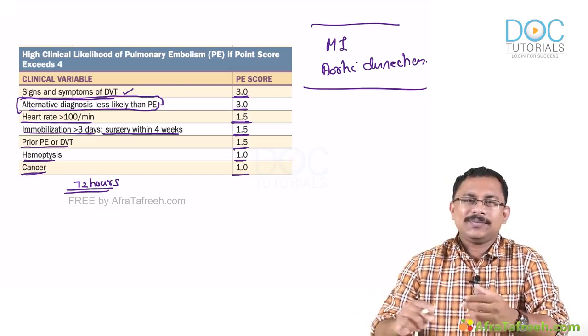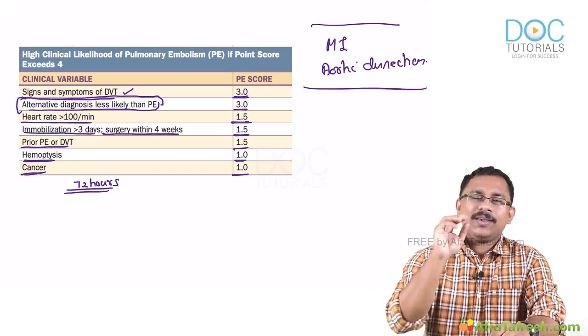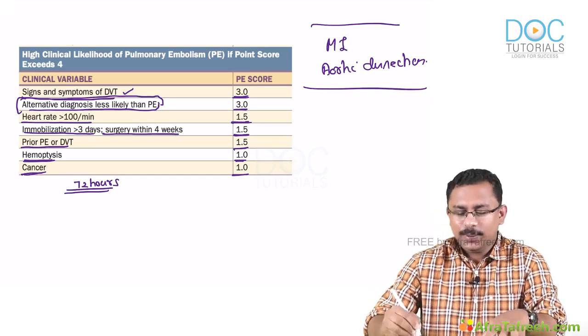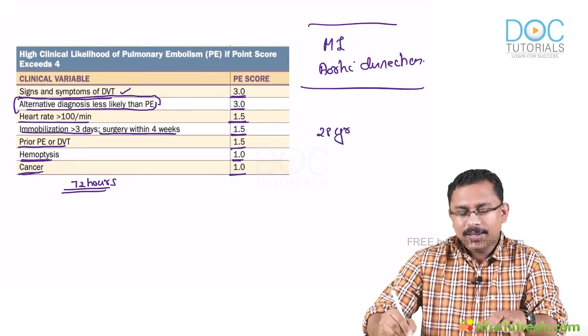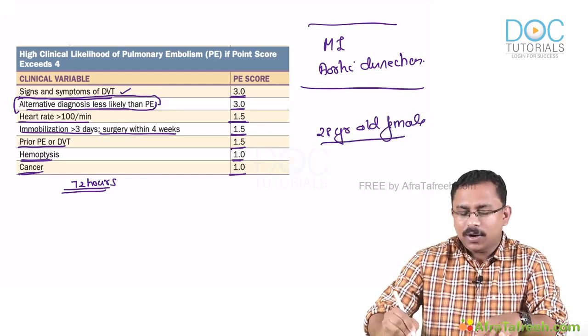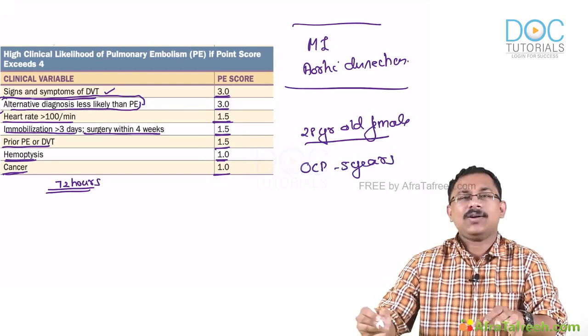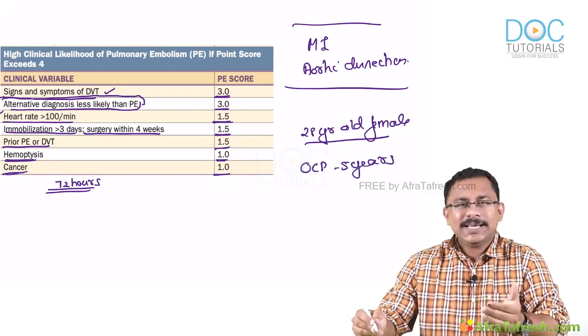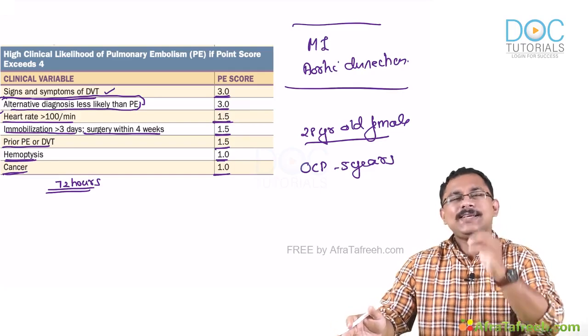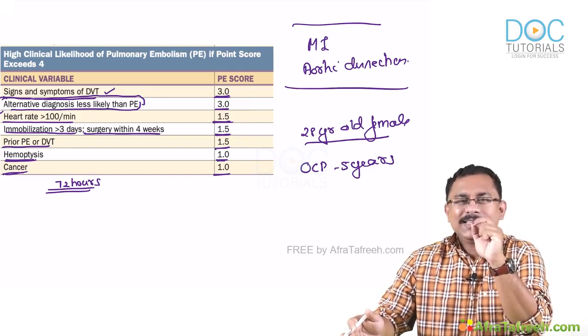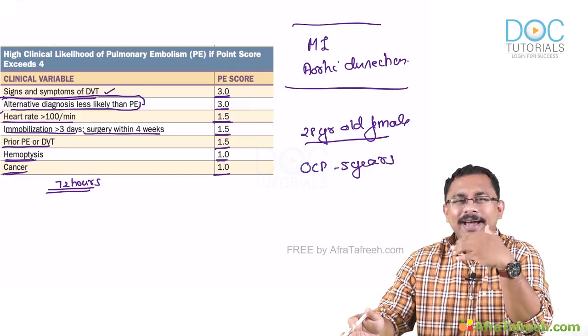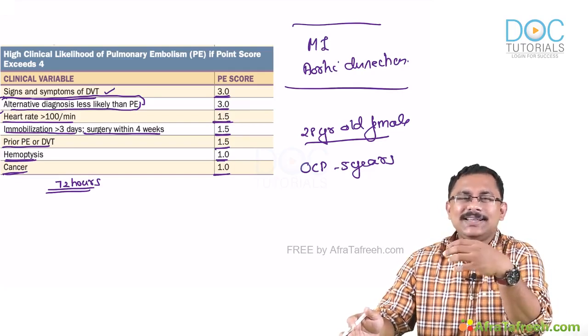It is 3 points. See, I'll tell you a clinical scenario. Say a 28-year-old female who has been on oral contraceptive pills for the past 5 years, long-term oral contraceptive pills, presents without any other comorbidities, with an acute onset of dyspnea, chest pain, and some palpitations.